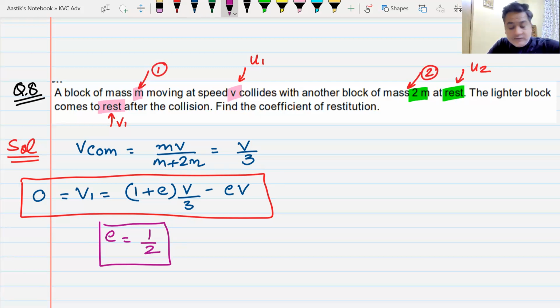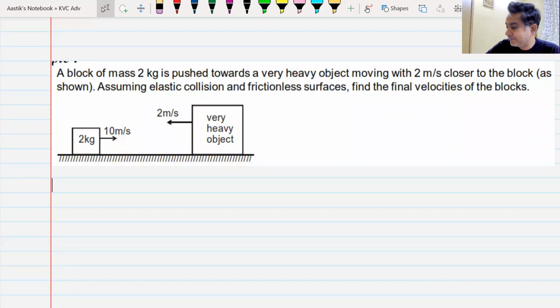Do this one fast. A block of mass 2 kg is pushed towards a very heavy object moving with a velocity of 2 meters per second closer to the block as shown. Assuming elastic collision, find the velocities of the two blocks.